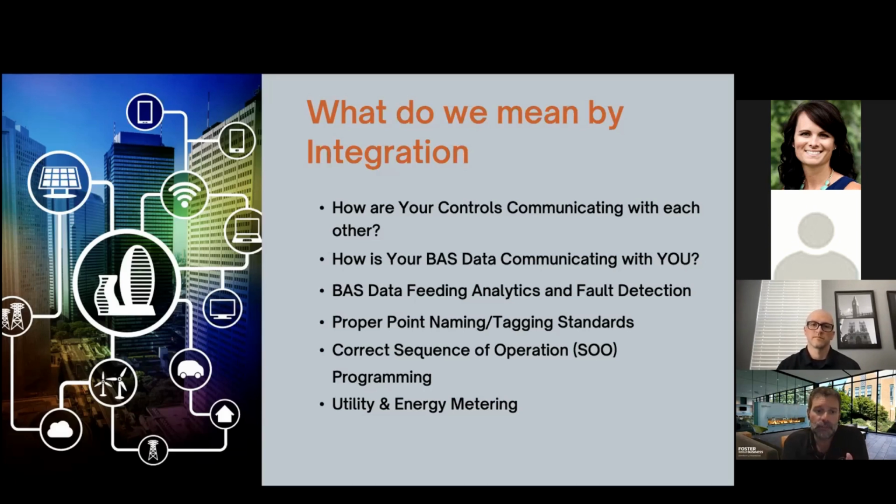So drift is something where your points start to come out of calibration and there's changes, or maybe your sequence of operations. That information to your fault detection platform allows you to put in some really strong rules and different things to help improve your energy performance, and things of that nature.